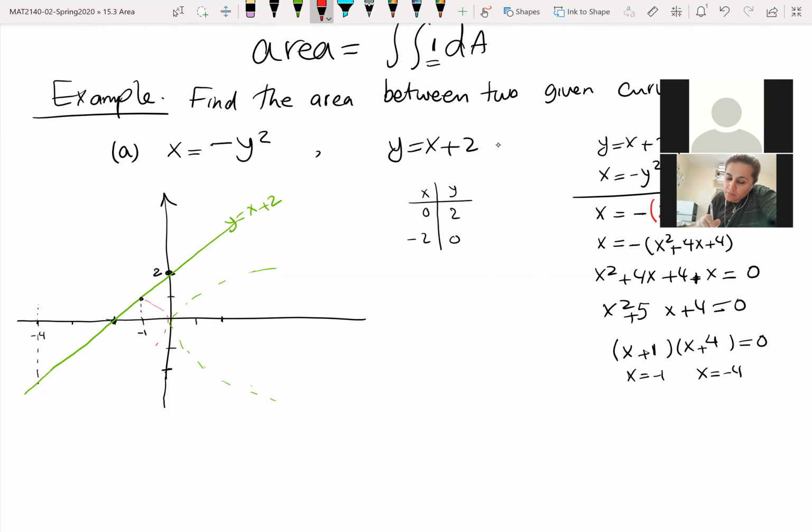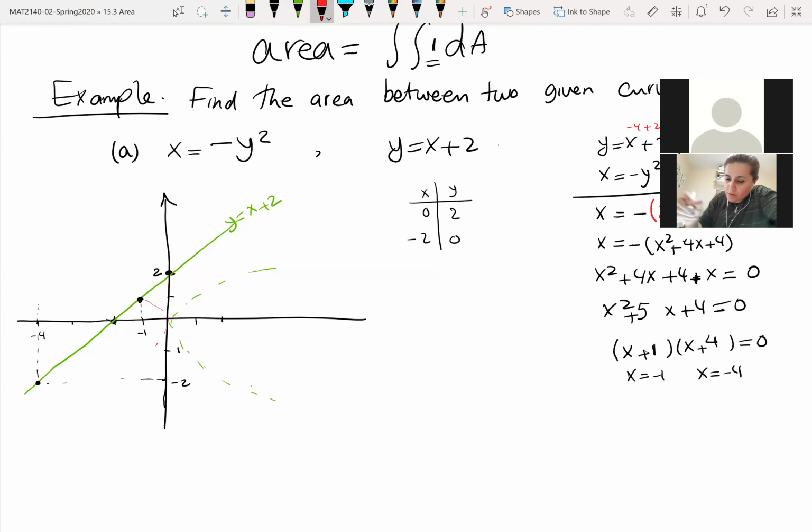At negative 4, what is it? Negative 4 plus 2 is negative 2. If I fix my unit, that would be more helpful, because that has to be negative 2, and that has to be negative 1.